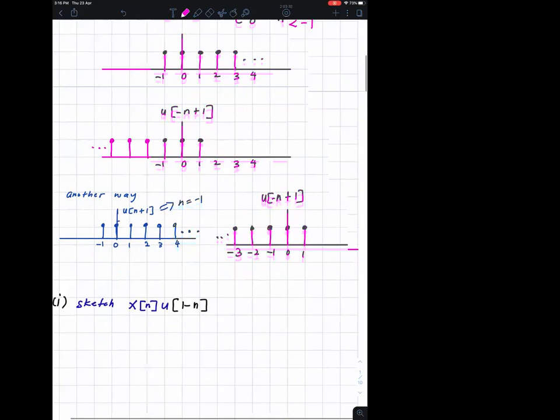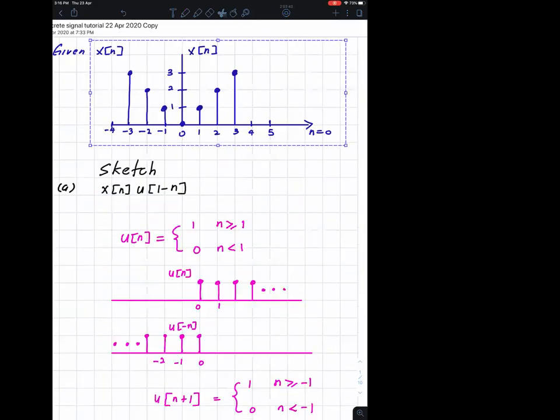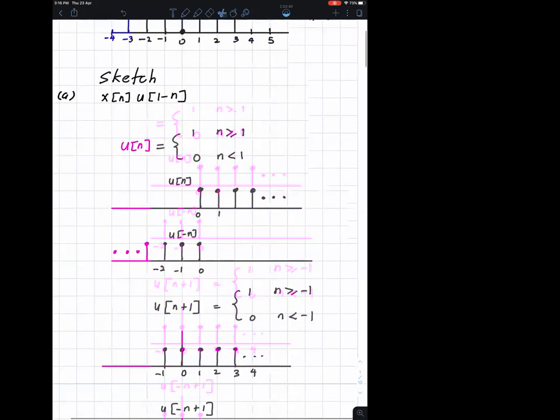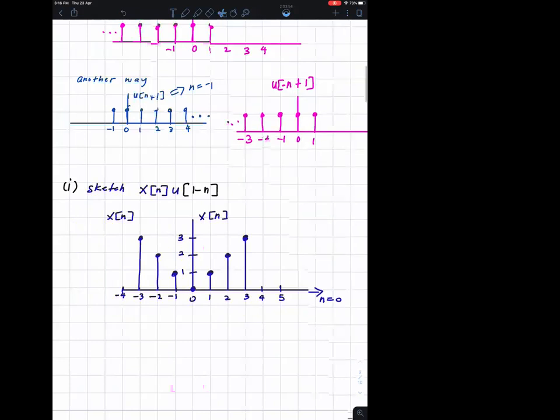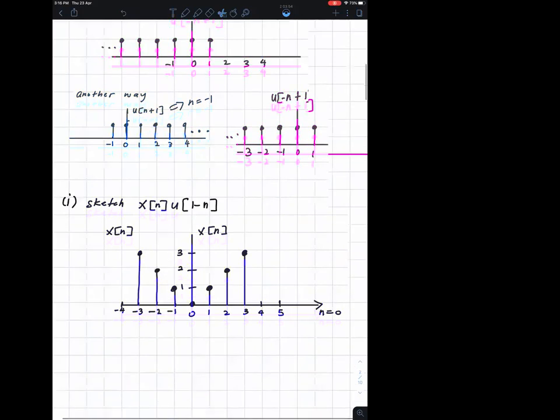So now you see the signal here. With this understanding, this is x[n], and then you want to multiply that by u[1 minus n], which is right here.